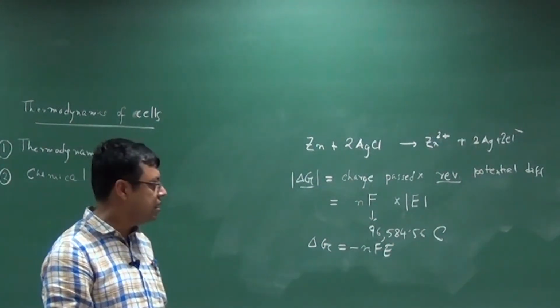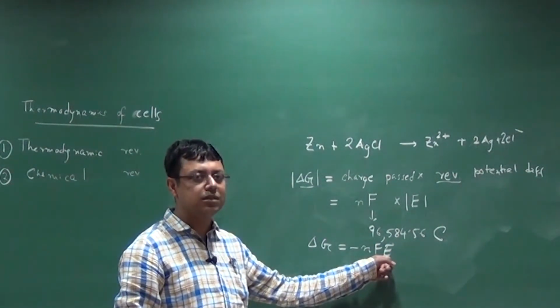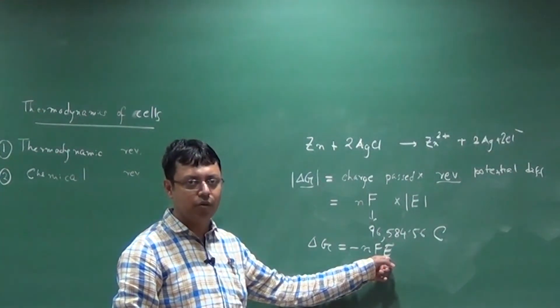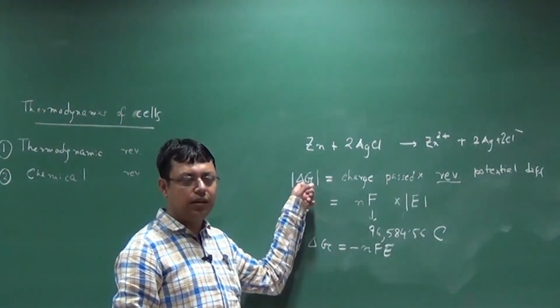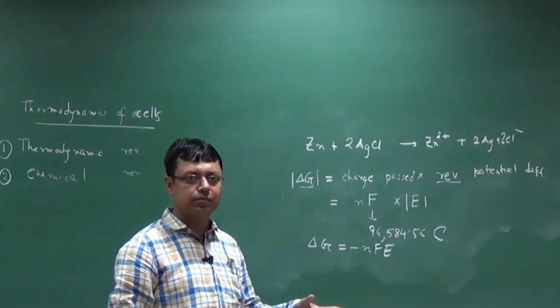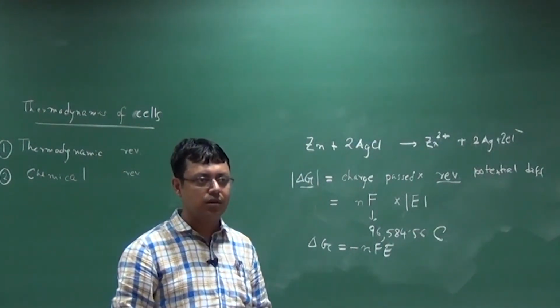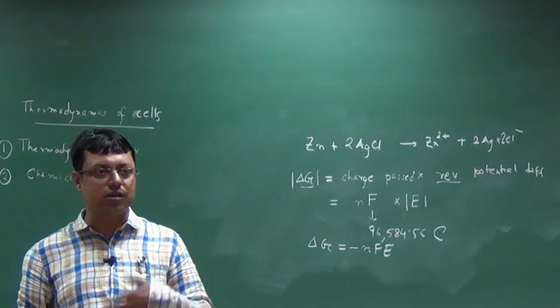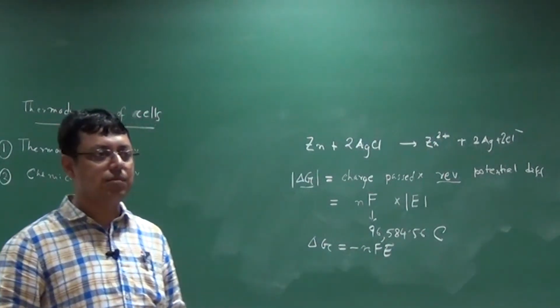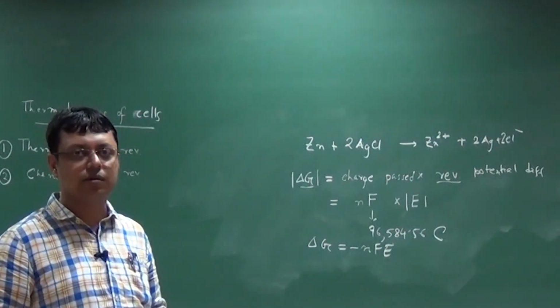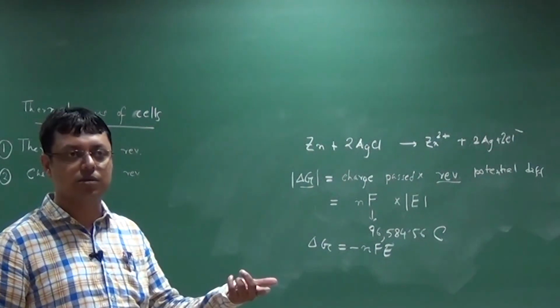Why plus NFE? Because that E was basically the other way around. Delta G in the thermodynamic convention is always negative, whichever convention you use, whether work done by the system is positive or negative. Delta G is always negative for a spontaneous process.